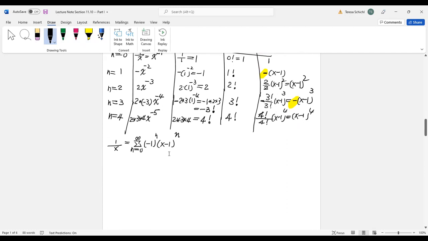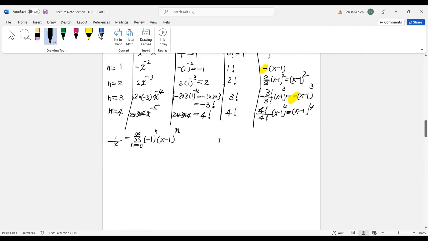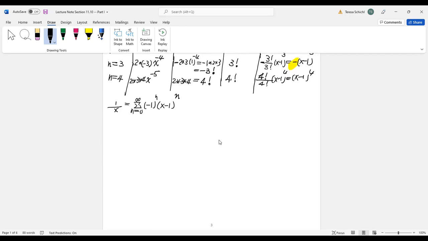Okay, so now let's take a look at the convergence, the interval of convergence. We use the ratio test again. So we say limit as n approaches infinity. The top will be (-1)^(n+1), (x - 1)^(n+1), over a_n, so (-1)^n (x - 1)^n.